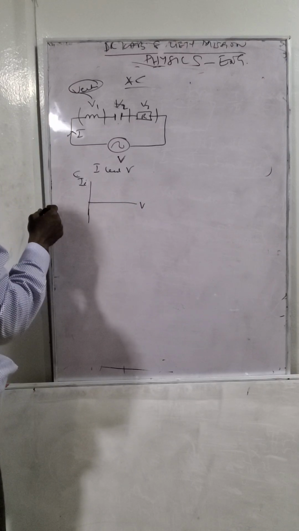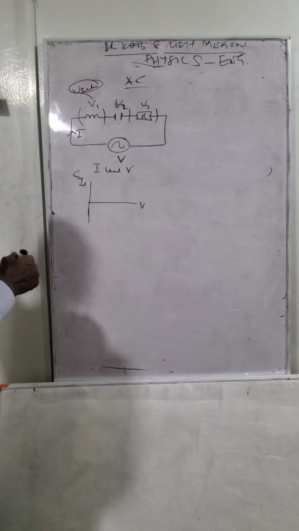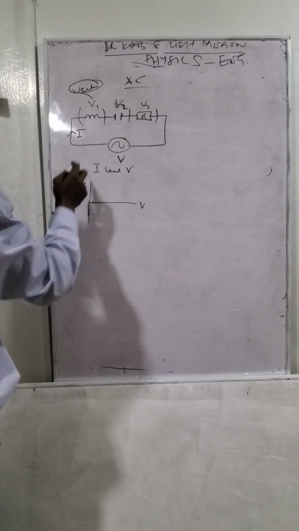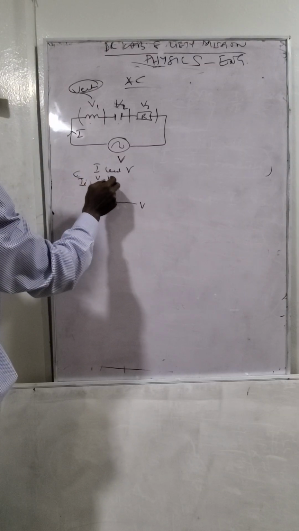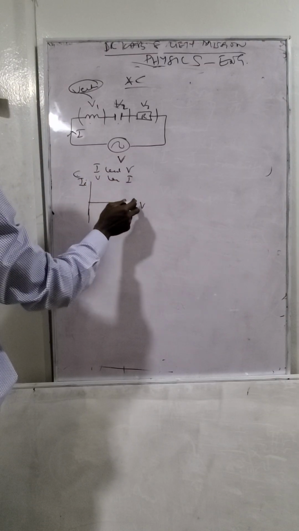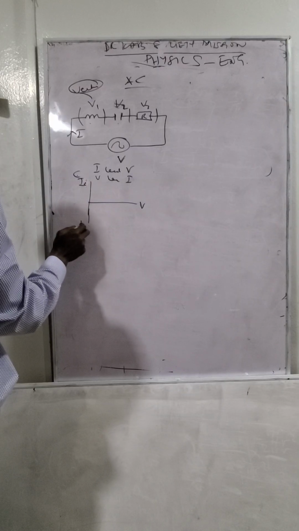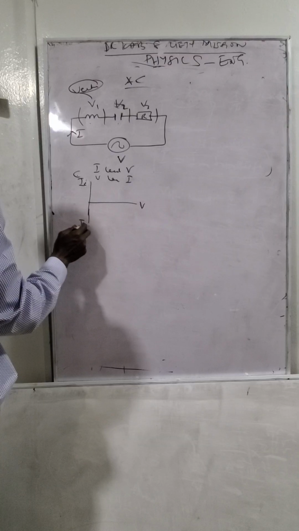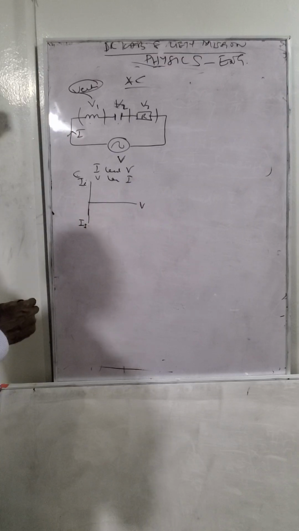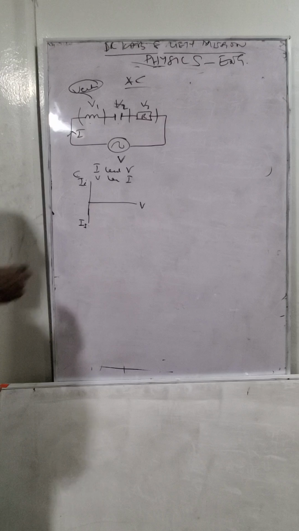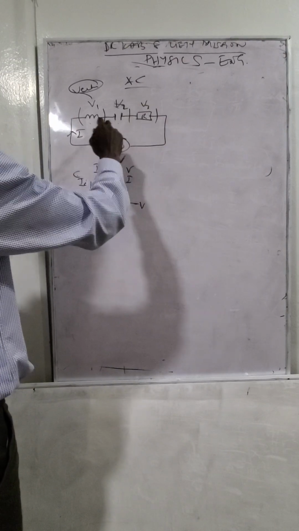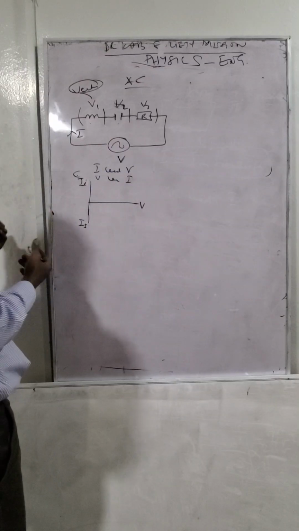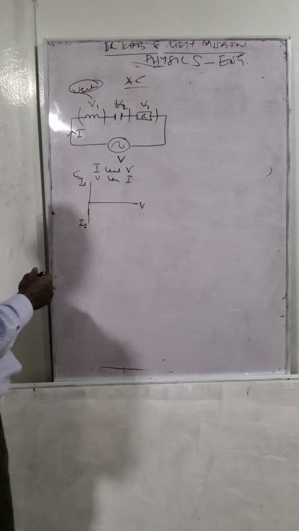In the case of the inductor, voltage leads current, so voltage is leading current, and this will be I for the inductor. As for the resistor, it's not alternating, so it has a fixed point and it goes like that.